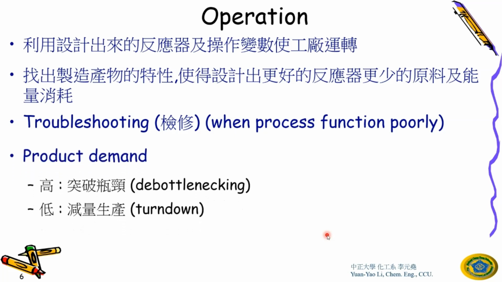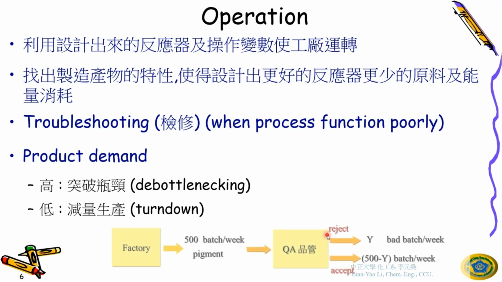Okay, so once you get product, you want to get more products, or you want to reduce the products. Well, that's what we call bottlenecking or turn down. Okay, this is what we know. I hope you remember we have an example like this in chapter 2.